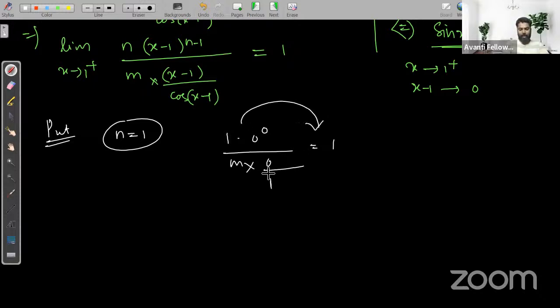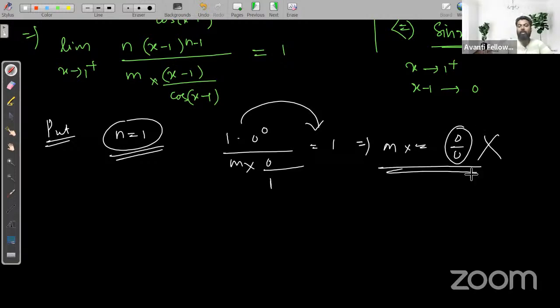So m मुझे 1 मिल रहा है क्या यहाँ से? When you are putting n is equal to 1, is there any chance of getting m is equal to 1? No, because when we will cross multiply, we will be getting m into 1 is equal to 0 by 0. No, we are not getting m is equal to 1.